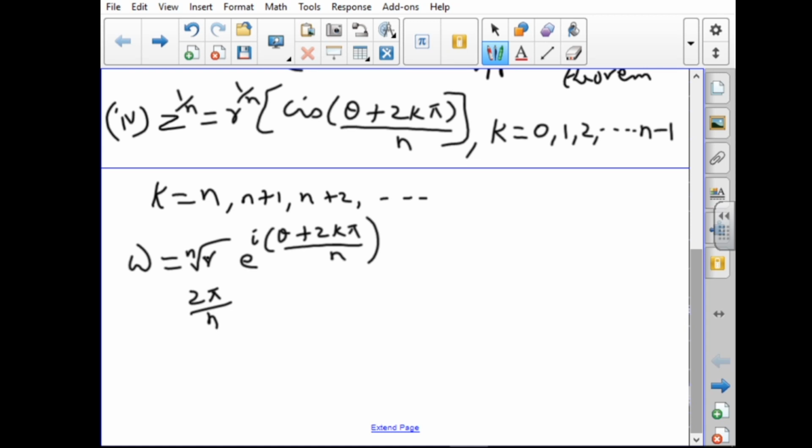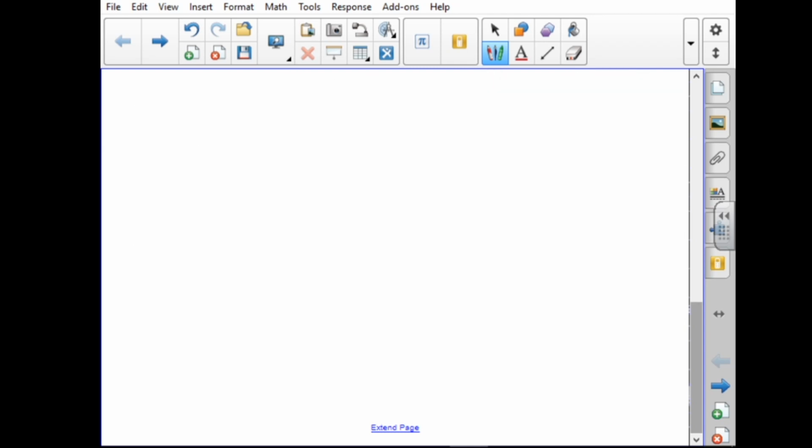When you give k equal to 0 for the first root and plot all these on a unit circle, we will be getting a regular polygon. Now we will see the nth roots of unity.